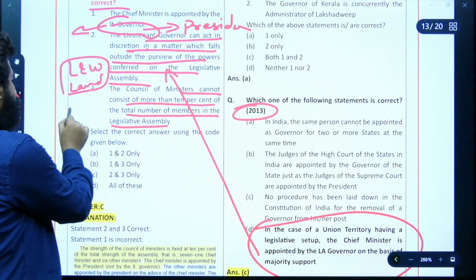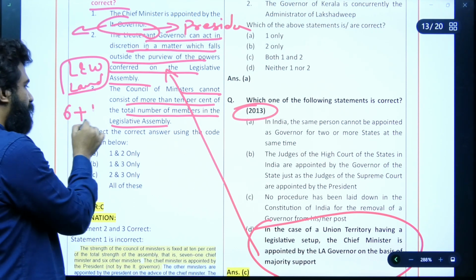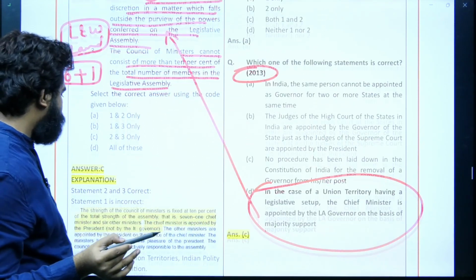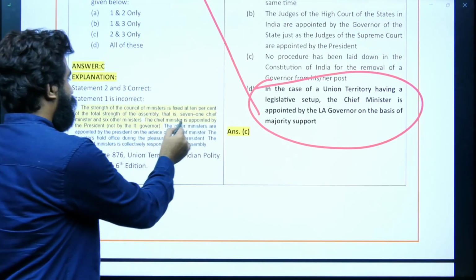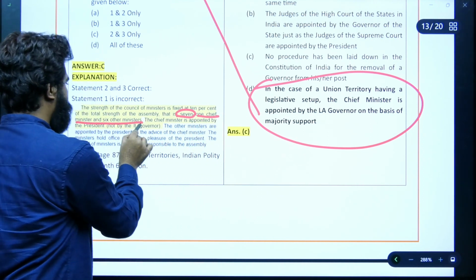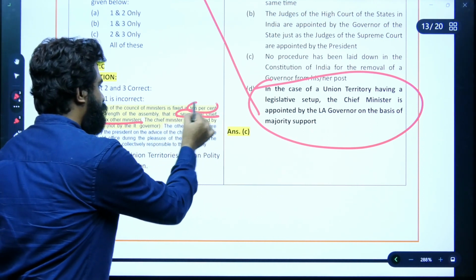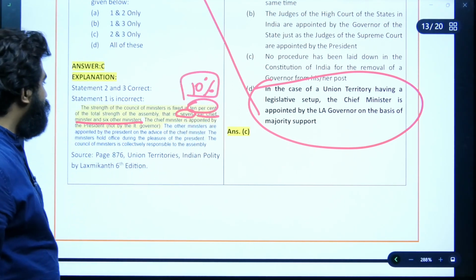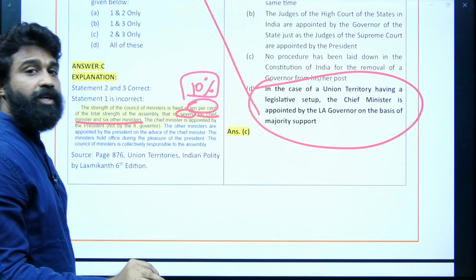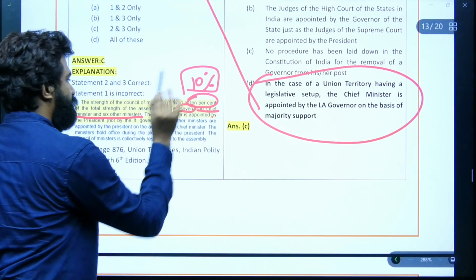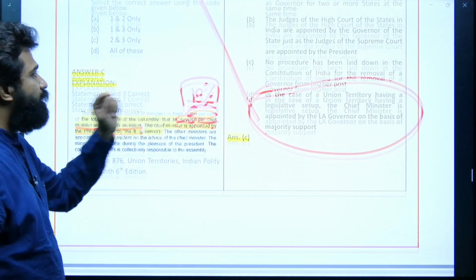That means 6 plus 1: 6 ministers plus 1 Chief Minister, not more than 10%. See, 7 means 1 Chief Minister and 6 other ministers. So it is fixed at 10% of the total strength of the Legislative Assembly of the National Capital Territory of Delhi. These are the questions asked there.